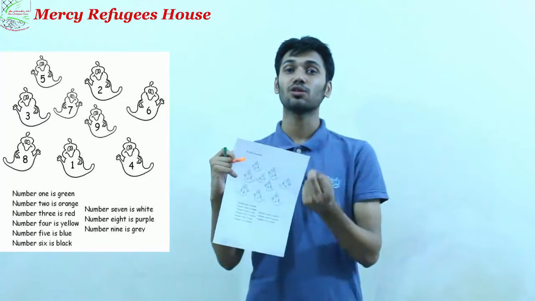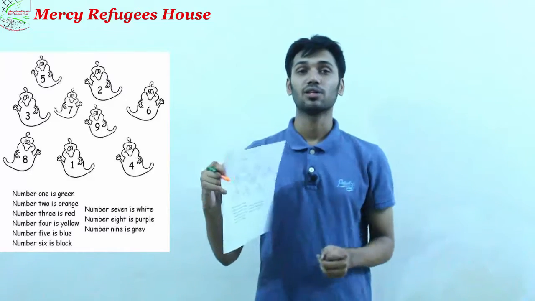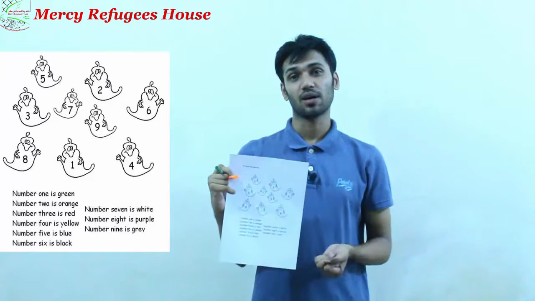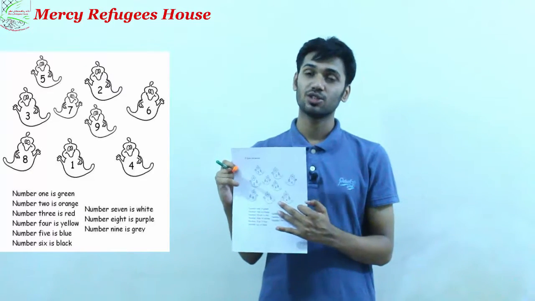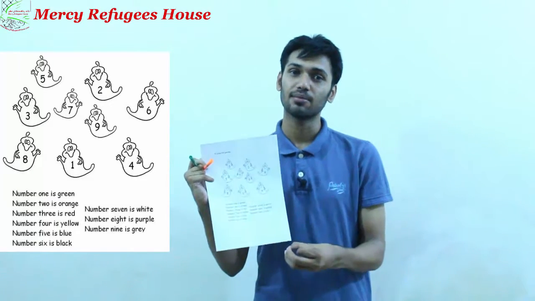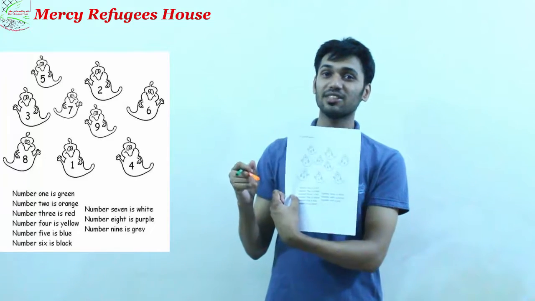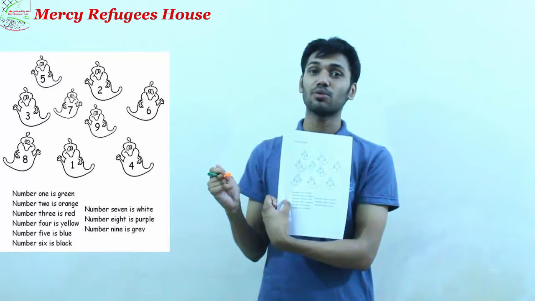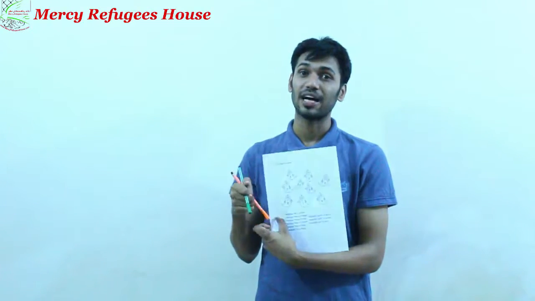That means the number 1 ghost will be green color, and the number 2 one will be an orange ghost. So you ask the student, whatever is written in the instruction, that number should be in that color. Just like this, the number 1 is written in green. The number 1 ghost is green, so you should paint the number 1 as green.